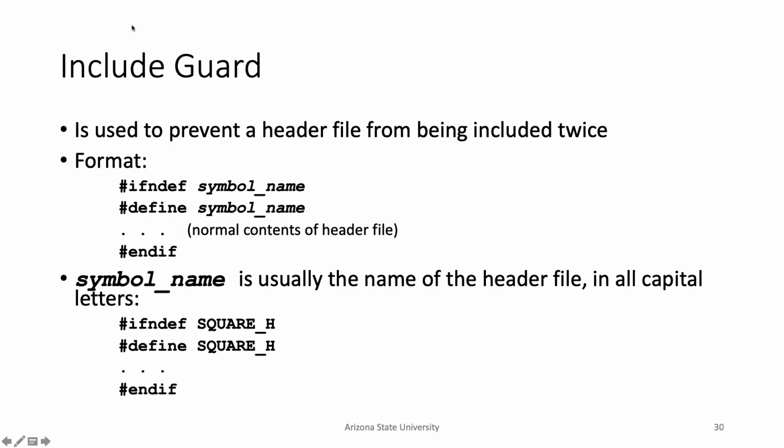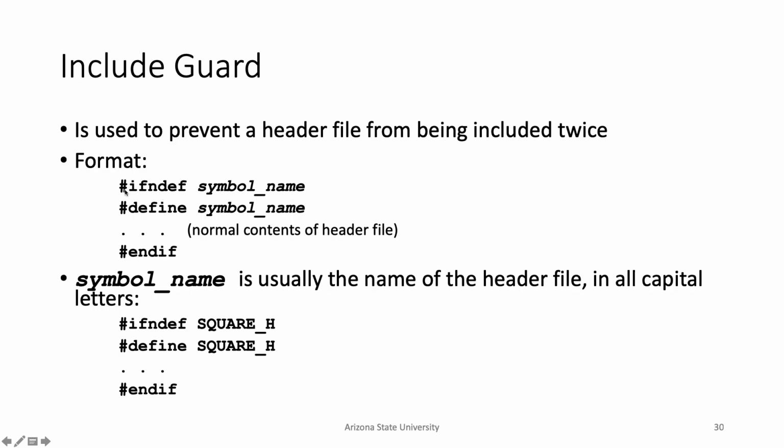But if you do what is called an include guard, then what this says is if you've not defined this class before, I'm going to define it now. But if you have, say, included it before, then I'm not going to do it again because I've already included it. And the way this works is you put some symbol name here.